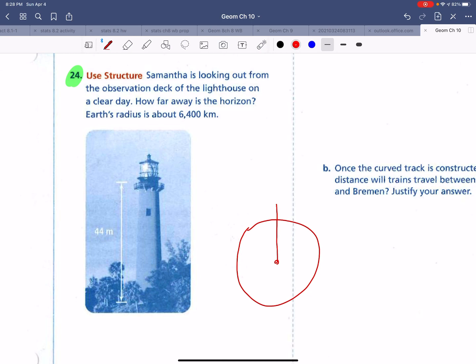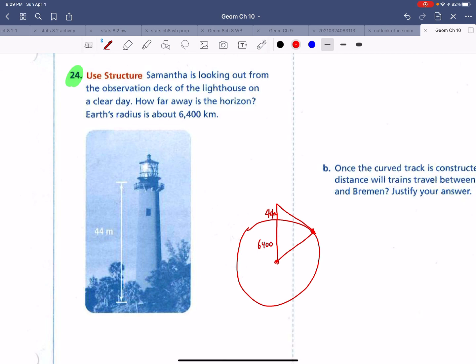And this tangent line is the horizon. That's her looking out on the horizon. So in a weird way, that is the horizon. So it says the lighthouse is 44 meters, okay? And it says the Earth's radius is 6,400 kilometers.